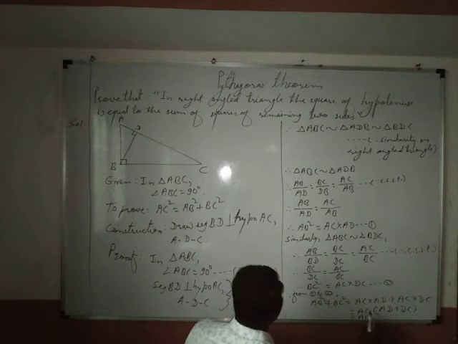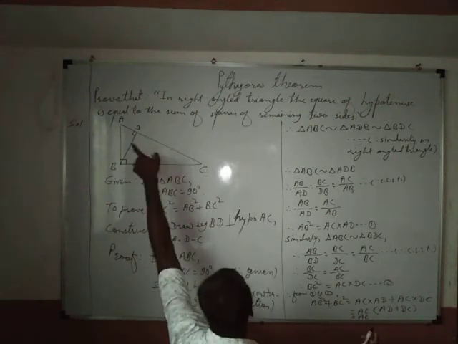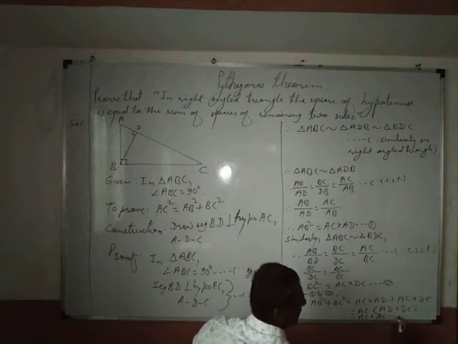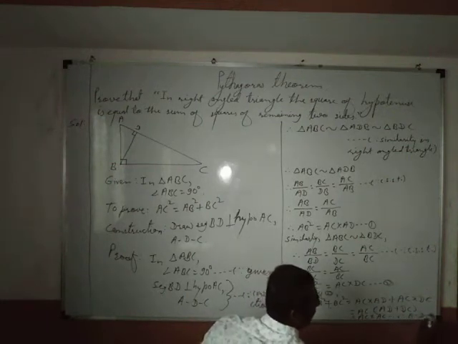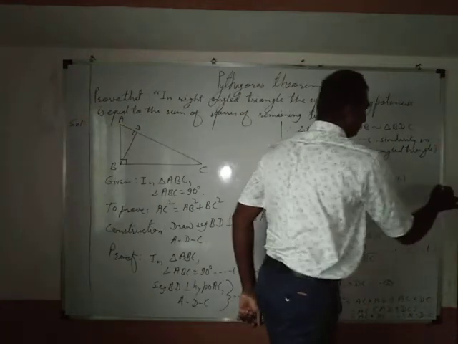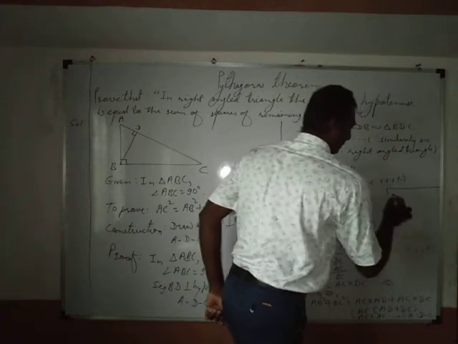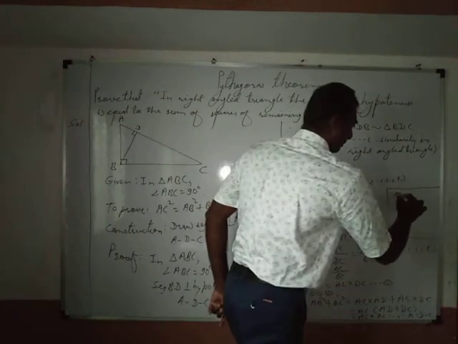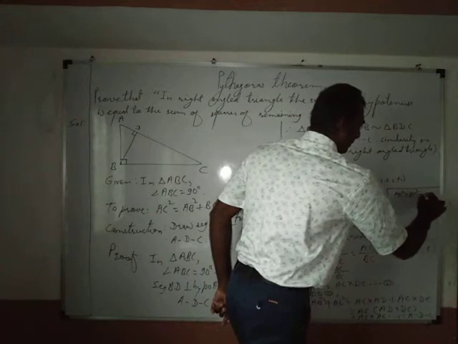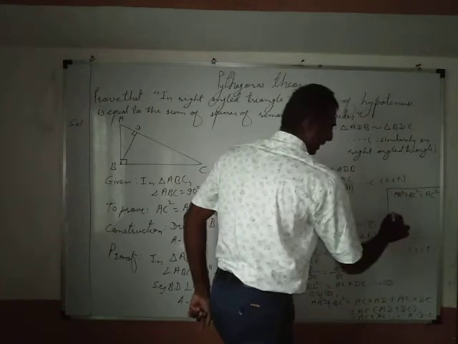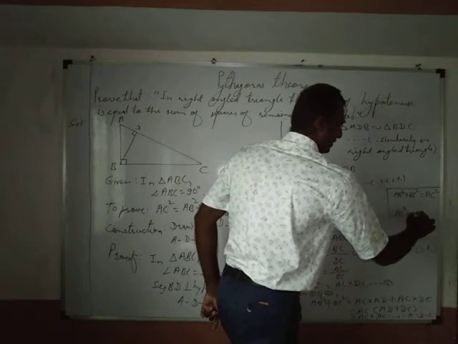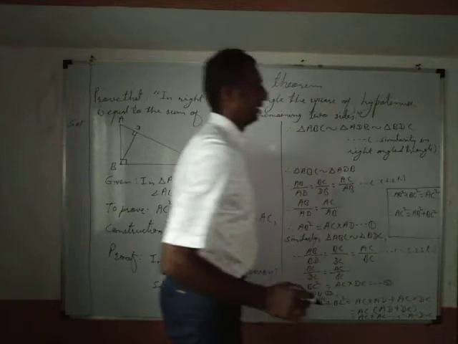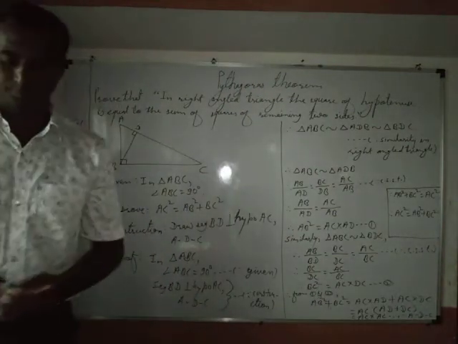But AD plus DC is what? AD plus DC is AC, since A-D-C. Let's mention here into AC. And therefore we can write AB square plus BC square equals AC square, and therefore AC square equals AB square plus BC square. Hence the proof.